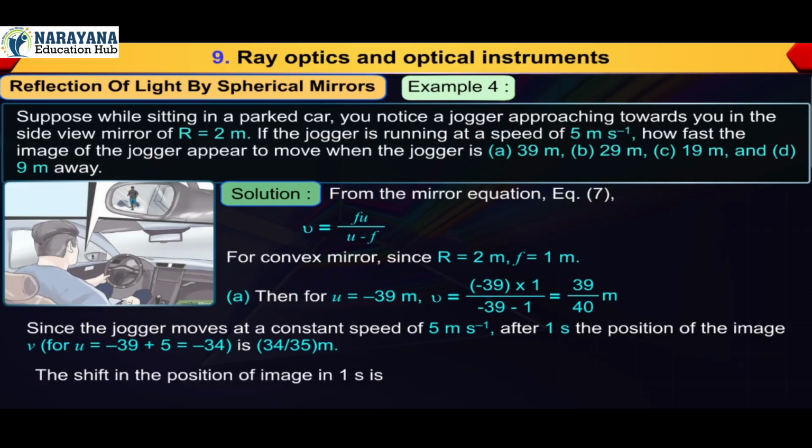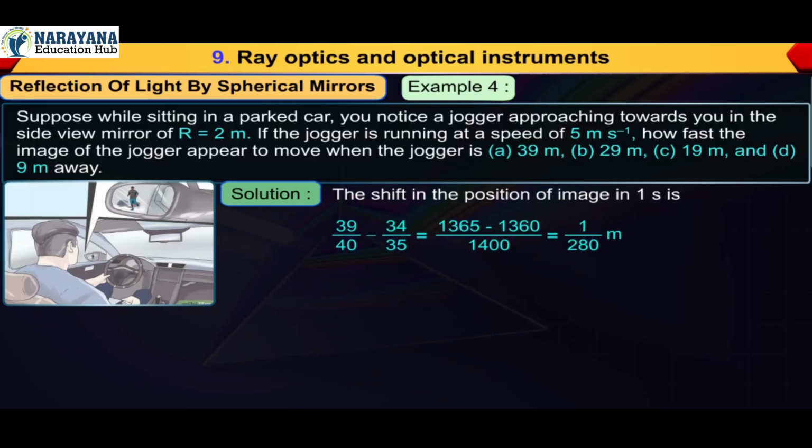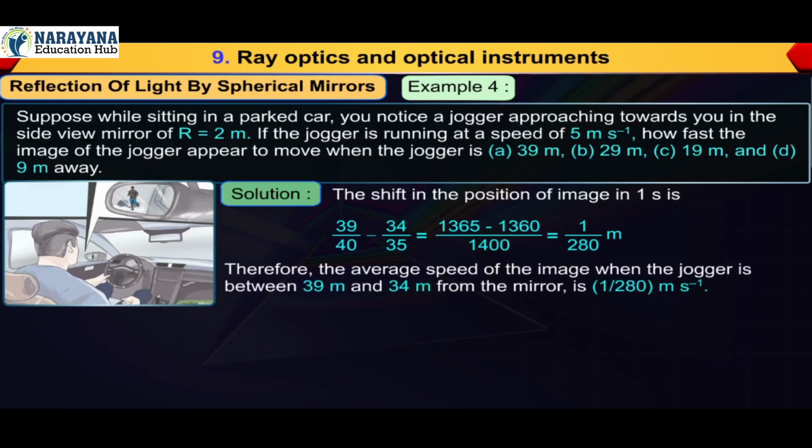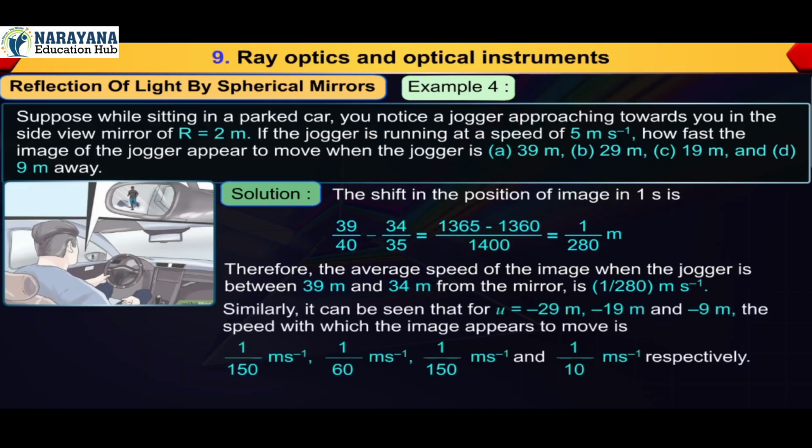The shift in the position of the image in 1 second is 39/40 - 34/35 = (1365 - 1360)/1400 = 1/280 meter. Therefore, the average speed of the image when the jogger is between 39 meter and 34 meter from the mirror is 1/280 meter per second.